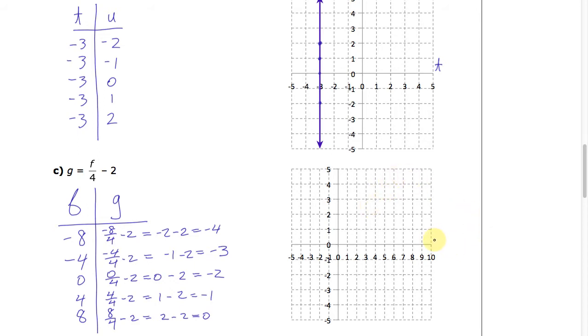Again, f being the independent variable, I'm going to put that on the horizontal axis, and g on the vertical axis as the dependent variable. There are a few different ways of telling whether you have an independent variable or a dependent variable. Typically, the dependent variable is the one that will be written on its own in the equation as a function of the other variable.